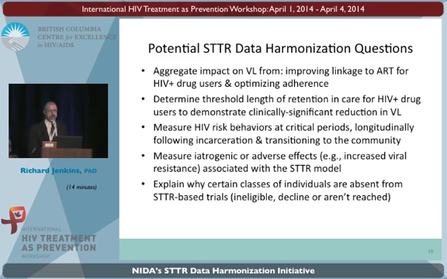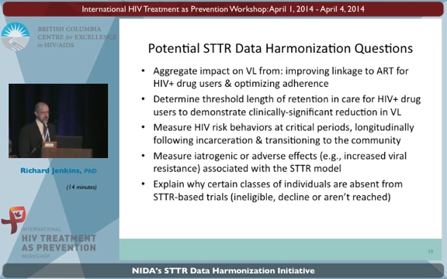In terms of the specific questions, I think most of these are fairly straightforward. The questions we want to answer across these studies, we want to look at aggregate impact on viral load. We want to see if we can find metrics in terms of the threshold length of retention that's necessary to demonstrate clinically significant reductions in viral load.